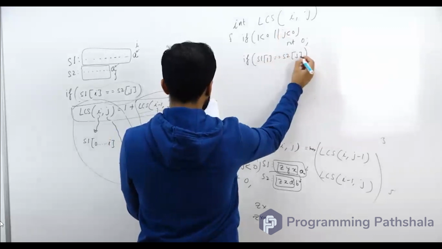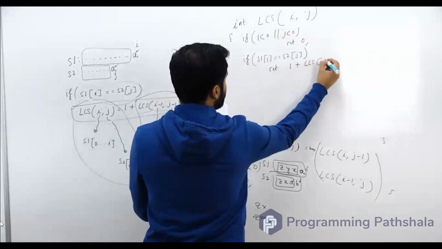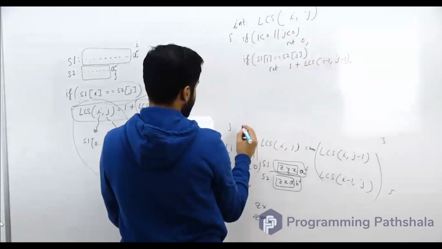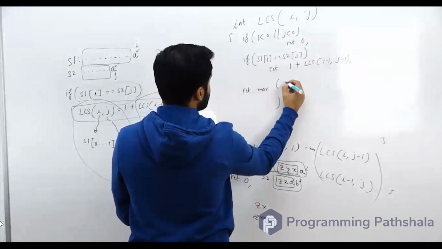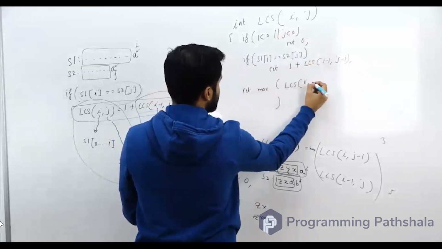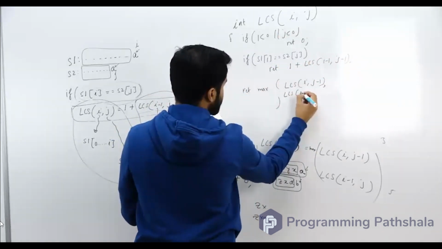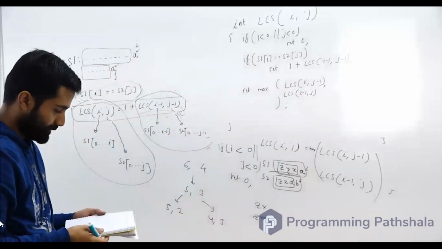If they do, then you have to return 1 plus LCS of I -1, j -1. Correct? Otherwise, you have to return the maximum of the two calls. The first call is I, j -1, and the second call is I -1, j. That's it.